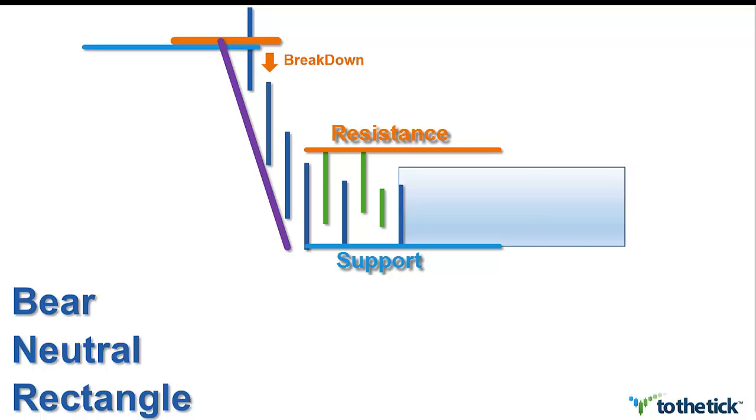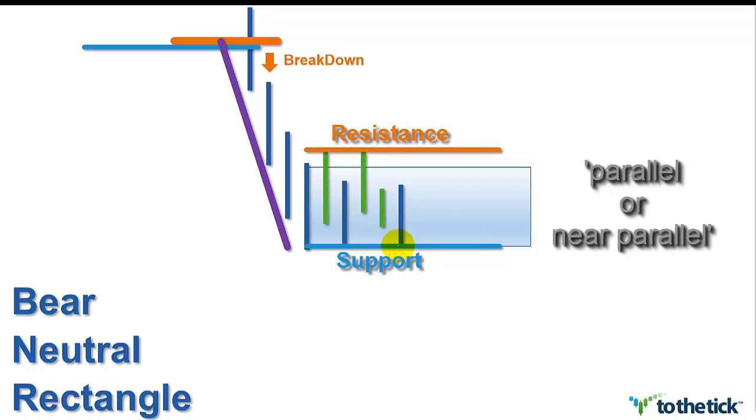So let's move our rectangle over here, and I hope the first thing you notice is that it's not the same shape as what we've got drawn. It doesn't matter. It is about the shape being in the same structure, and that parallel or near-parallel structure is what we're looking for. Again, we're talking neutral rectangle.